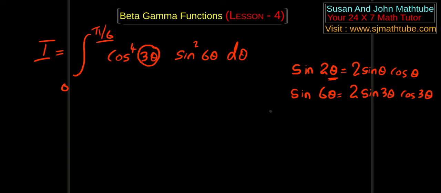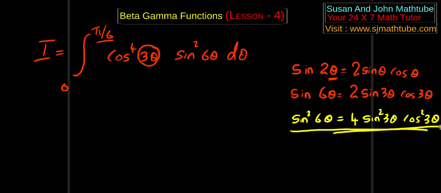And that of course means sine square. I'm squaring on both sides. I'll be ending up with 4 sine square 3 theta cos square 3 theta. And why am I writing everything in terms of 3 theta? Because I saw that if I substitute t equal to 3 theta, the lower limit will be 0 and the upper limit will be pi by 2.